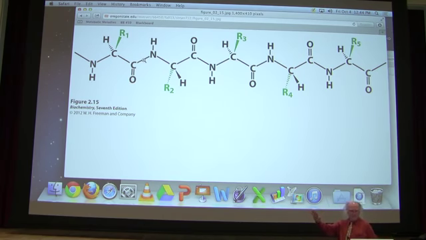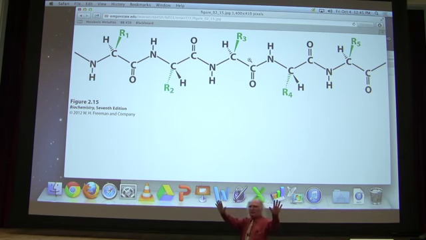All right? However, there are things that can rotate. For example, the bonds around the alpha carbon can rotate just fine. This bond can rotate, this bond can rotate, this bond can rotate, and this bond can rotate. Now, if we look at an individual alpha carbon, let's say this alpha carbon right here, and we look on either side of it, we've got two planes, two flat things, one thing over here and one thing over here.